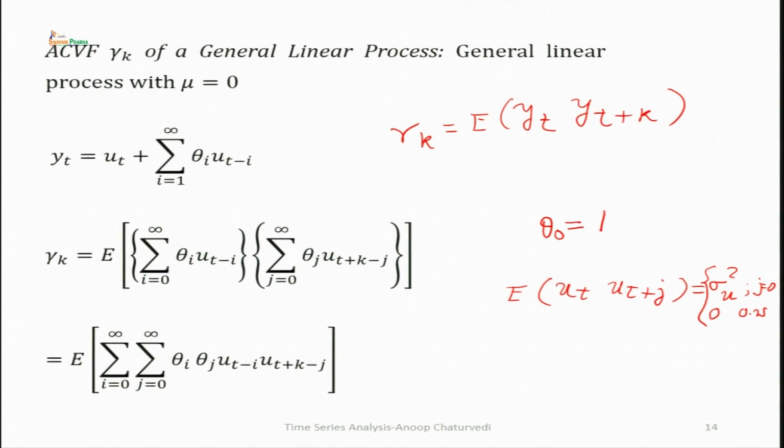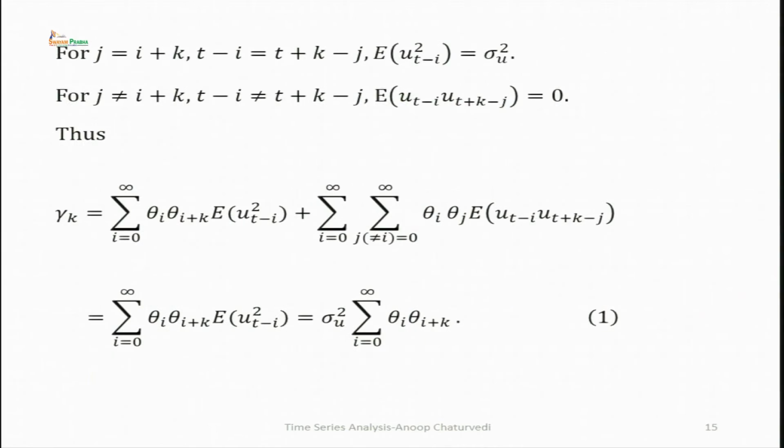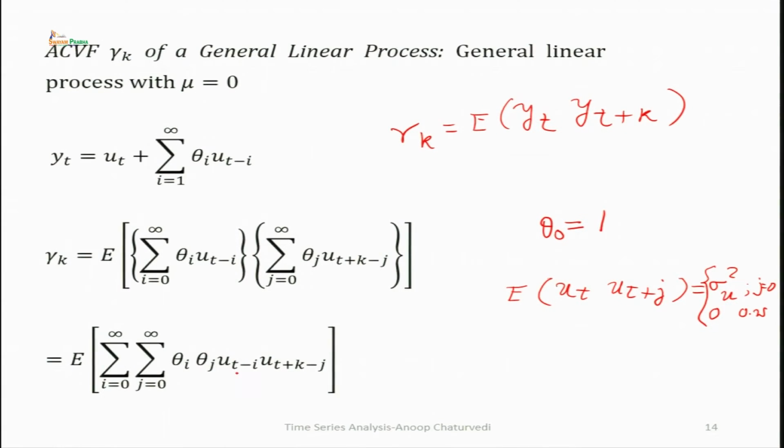So, here in this double summation only those terms have non-zero expectation which involve a square of u t minus i, say. So, we take t minus i equal to t plus k minus j.